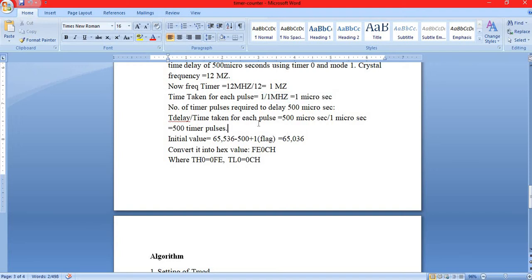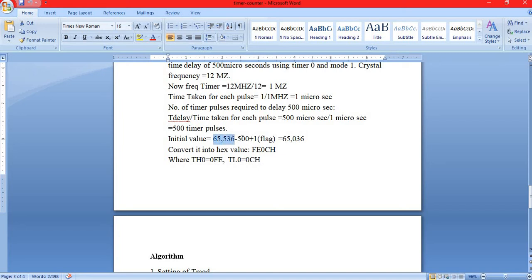Now the timer pulses required to produce a delay of 500 microseconds is calculated by dividing the time delay by the time taken for each pulse, which is 500 microseconds by 1 microsecond, and we have obtained 500 timer pulses. Now the initial value is calculated, as we have selected timer 0 and mode 1. It is a 16-bit mode, which is 2 power 16, and we have obtained 65,536.